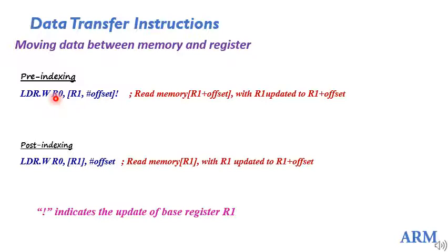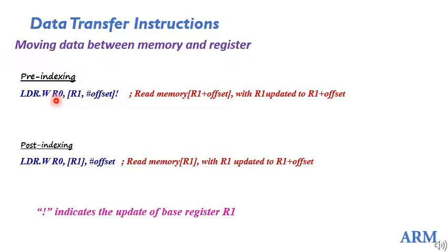Now which is the memory location you have to access? That is R1 comma hash offset. That means it is going to load the content of the memory location from R1 plus offset. Starting from R1 plus offset, the content of 4 memory locations will be loaded into this 32-bit register R0.